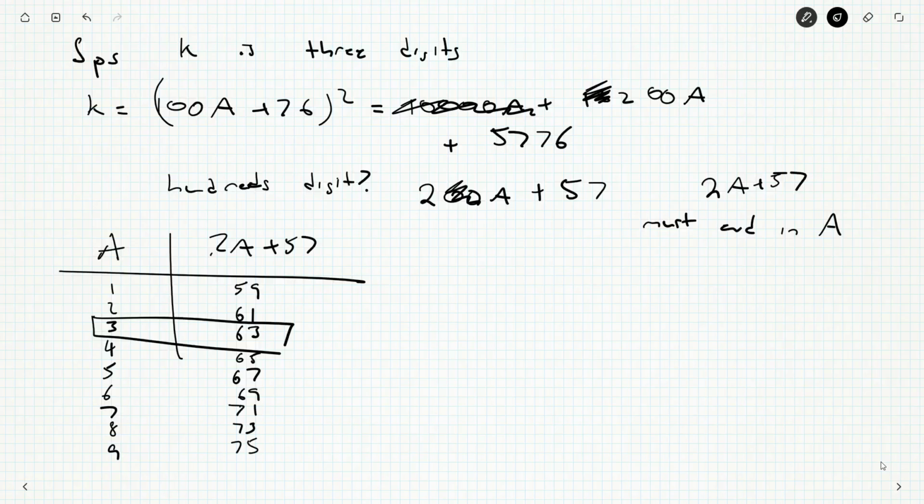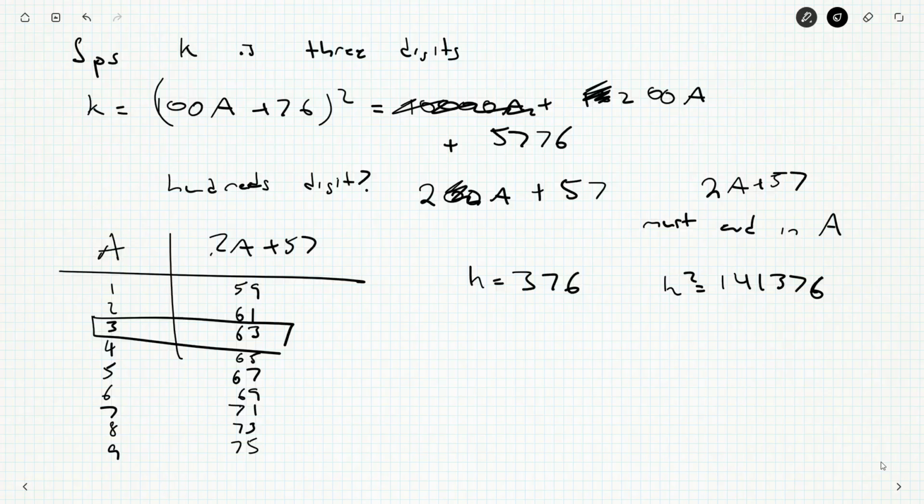It looks like there's only ever going to be one each time. We could probably prove that, but we're not going to worry about that. So hundreds digit is 3, so 376 should work. 376 squared, yeah, ends in 376.